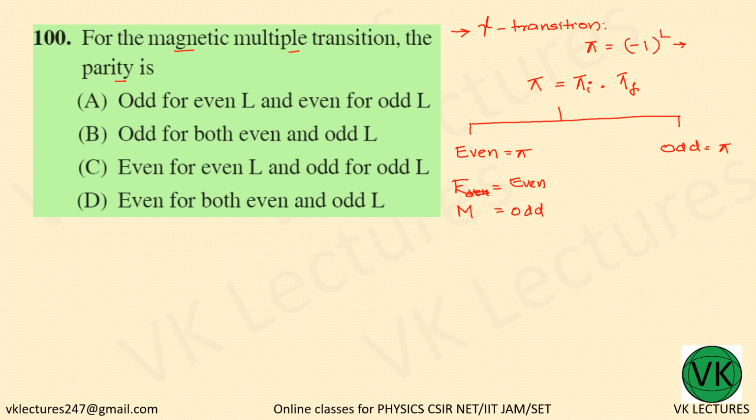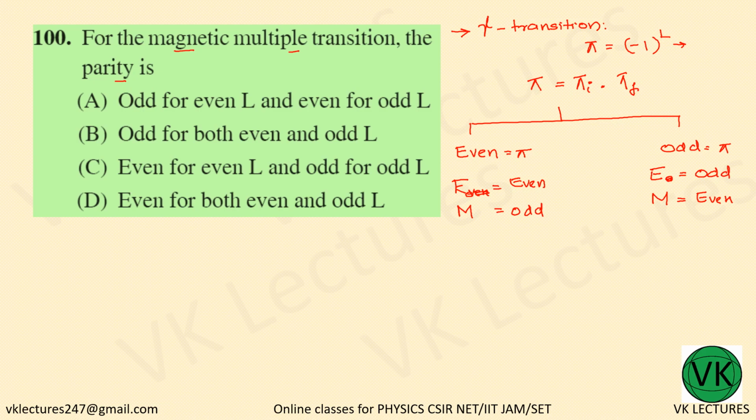When we come to the odd parity, the electric multipole transition will remain the same, so E is odd, while the magnetic multipole transition M is even.